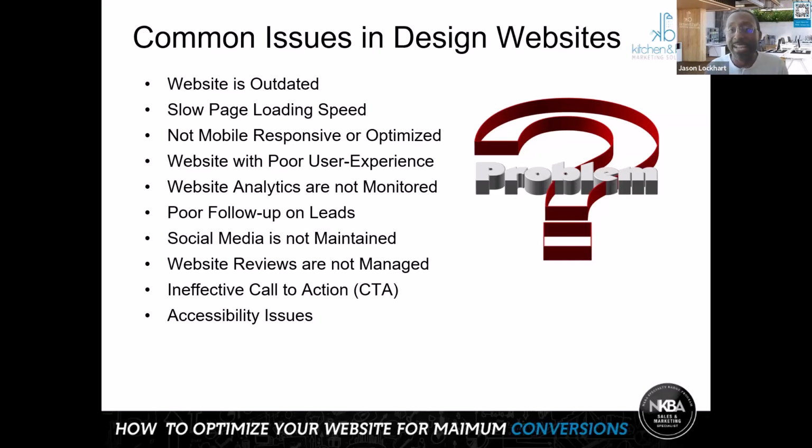But what we found is that is the last time a lot of the websites were updated, around 2020, 2021. And as you know, with technology, things are always changing. So even if you have a 3 or 4 year old website, if you haven't done anything since that time, a lot has changed. So bringing your website up to date is one of the issues we found that needs to be addressed.